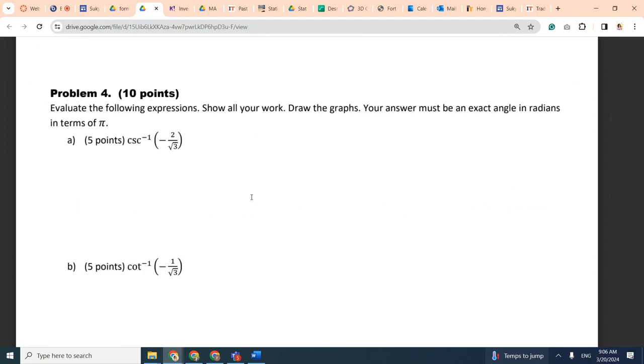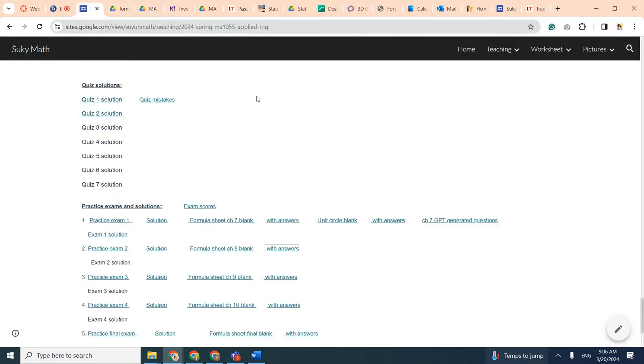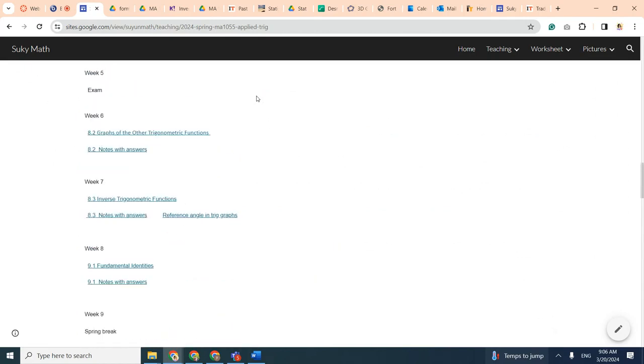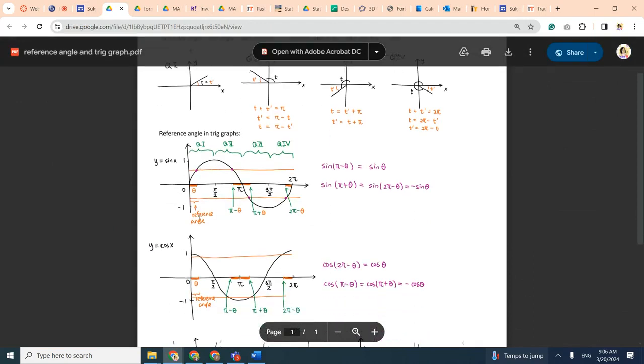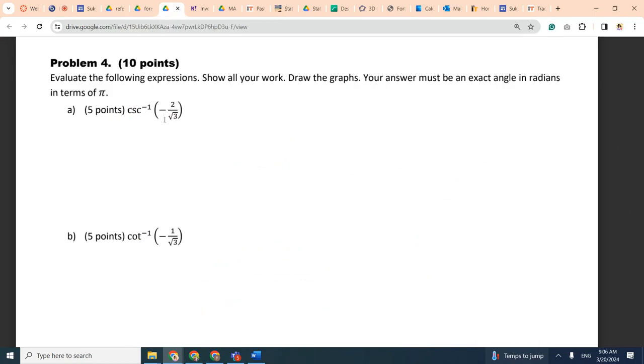Then for this type of problem, if you have the inverse trig function of some number, you need to draw the picture of the trig function. Last time I gave you the notes on the reference angle in the trig graph. You look at the graph, for example here, what is that? Cosecant.